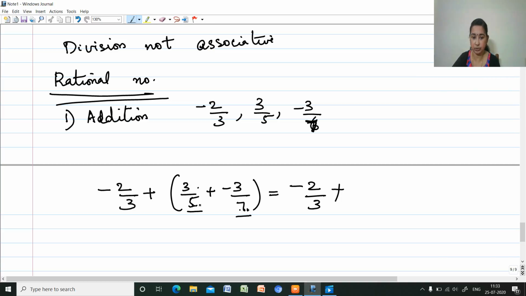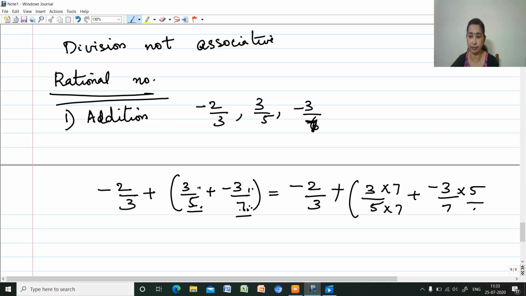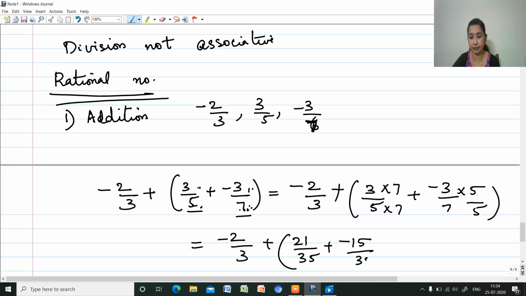In the first one we can multiply by 7, second one we can multiply by 5. So this becomes 3 by 5 into 7 by 7, whereas here -3 by 7 into 5 by 5. That is -2 by 3 plus 21 by 35 plus -15 by 35. That is equal to -2 by 3 plus 6 by 35.